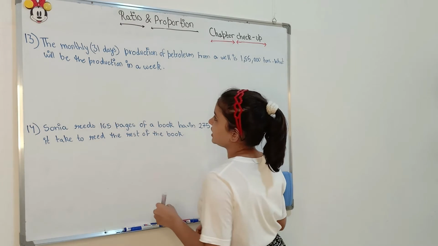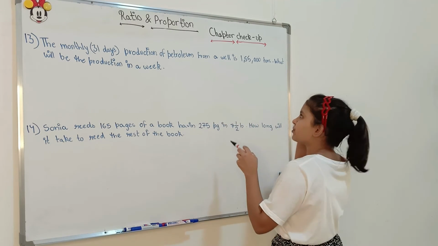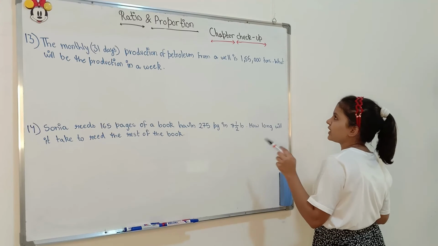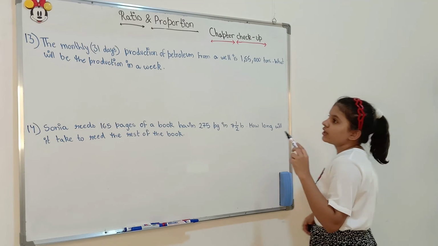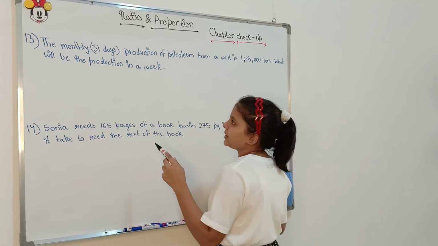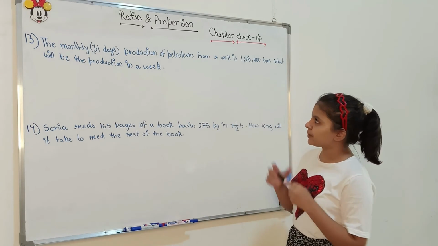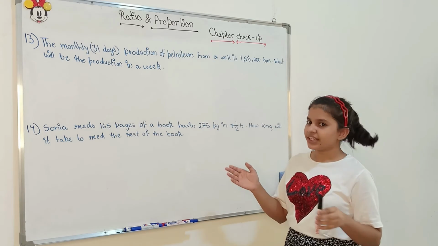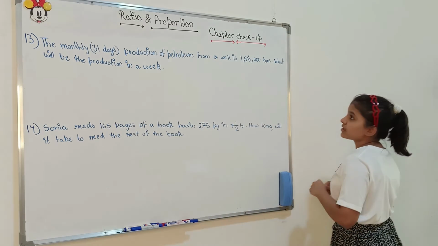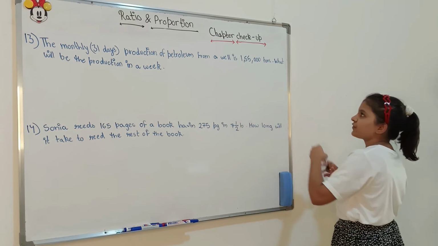The monthly, 31 days, production of petrol from a well is 1,55,000 tons. What will the production be in a week? So the production of petroleum in 31 days, which means a month, from a well is 1,55,000 tons.